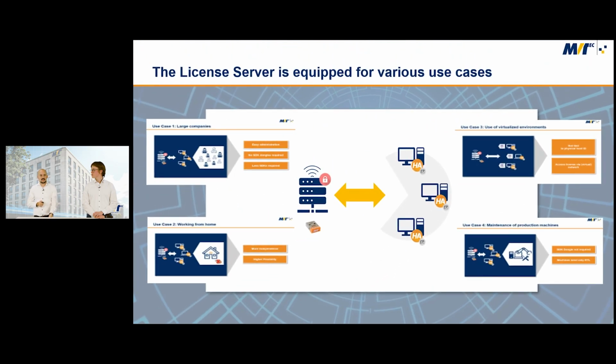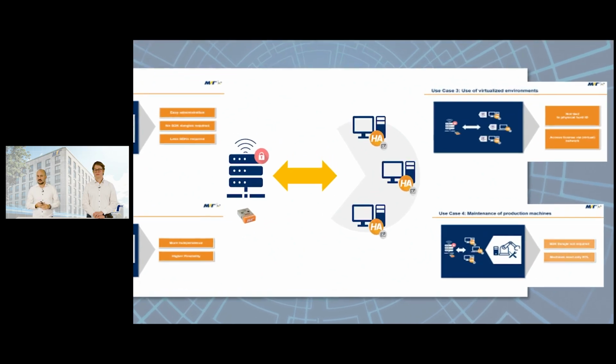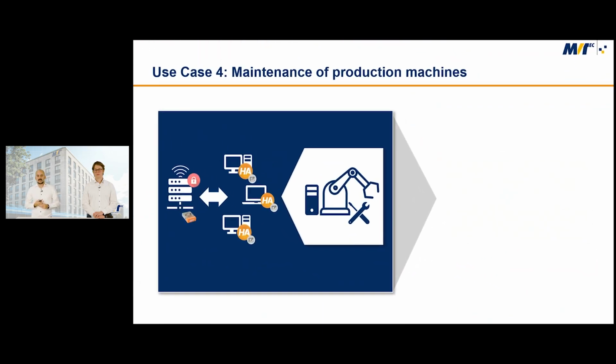And last but not least, we have one use case some people do not think of that much, which is the maintenance of production machines. Imagine you have a production line with several systems on which Halcon is running, using the HDev engine, for example.